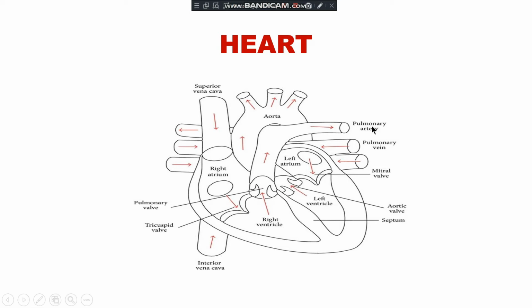The carbon dioxide goes to the alveoli, and through the alveoli it is released, means it is breathed out. Then oxygen comes into the blood, means now the blood is oxygen rich, and this blood is then brought back to the heart by the pulmonary veins.